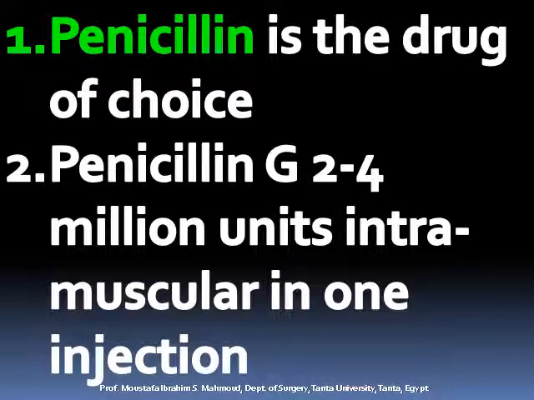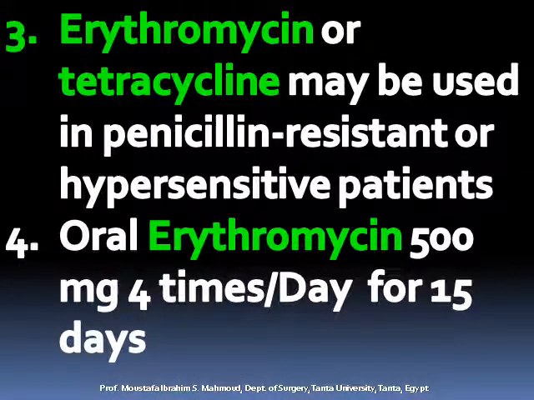Penicillin G 2 to 4 million units intramuscular in one injection. Erythromycin or tetracycline may be used in penicillin-resistant or hypersensitive patients. Oral erythromycin 500 milligrams 4 times per day for 15 days.